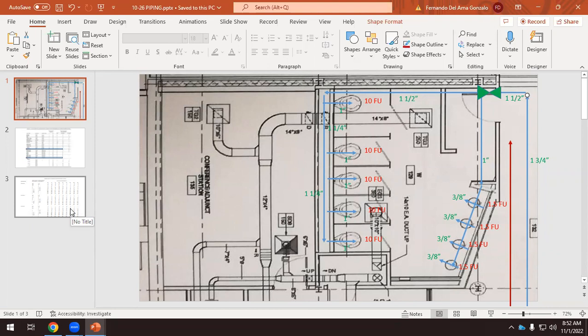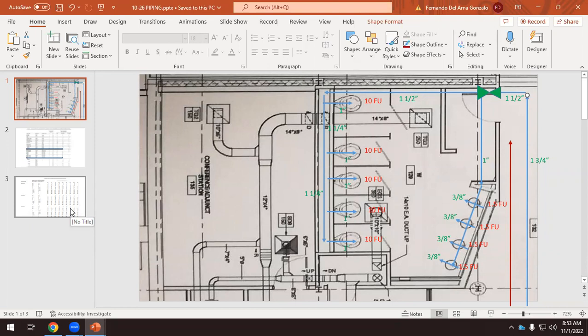But the fixture units should be around 50, 56, or 60, something like that. Okay, so here, what's the minimum size of this first pipe? So I have to add all these up. So it's 56 times 4. 222 fixture units in this pipe.